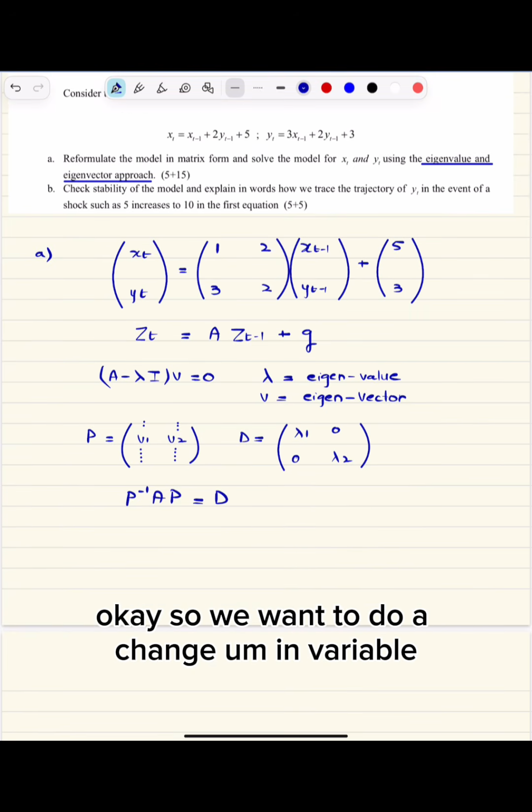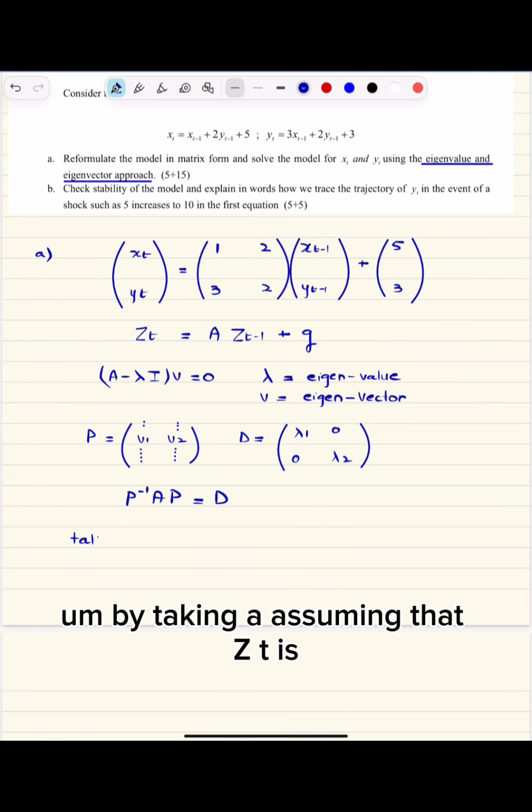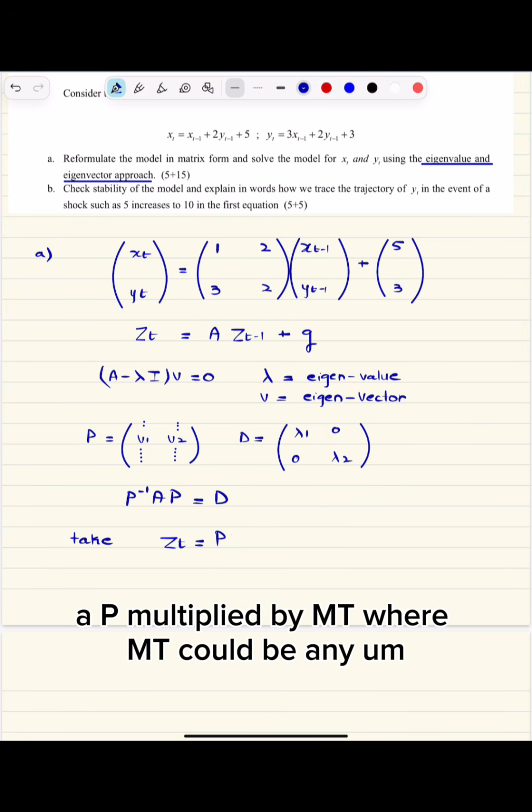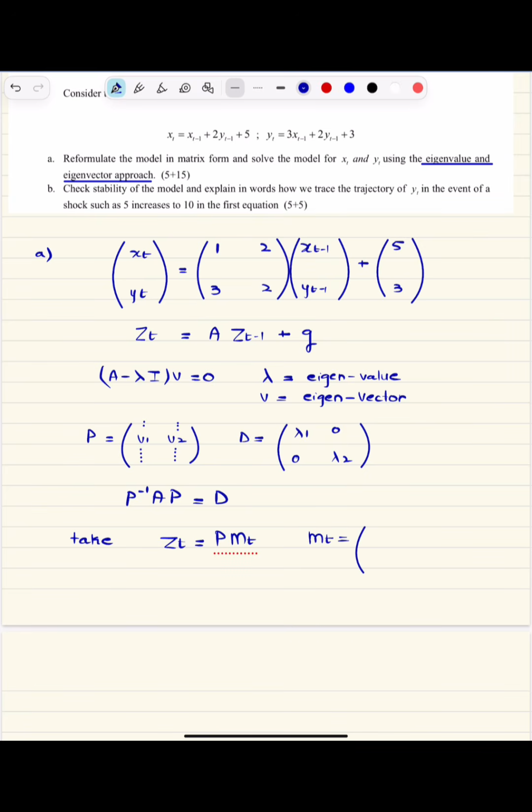So we want to do a change in variable by assuming that Z_t is P multiplied by M_t, where M_t is another column vector.